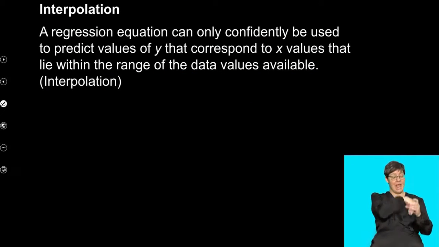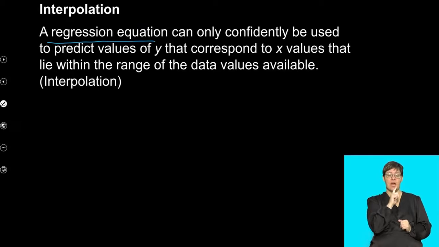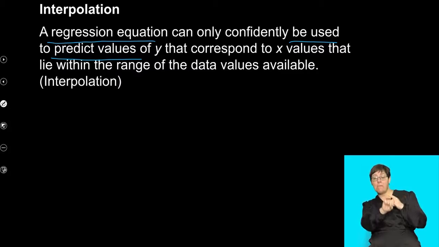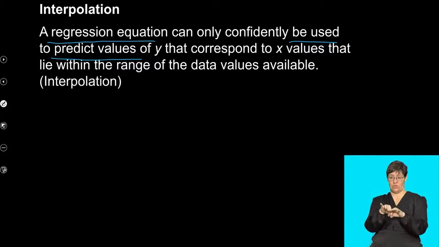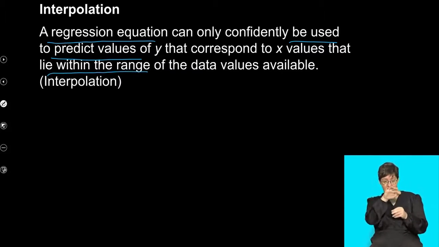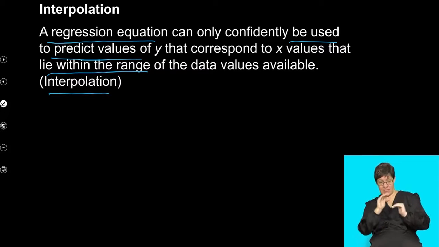So, interpolation. A regression equation can only confidently be used to predict y that corresponds to x values that are within the range of data values. That is interpolation. Are we together?